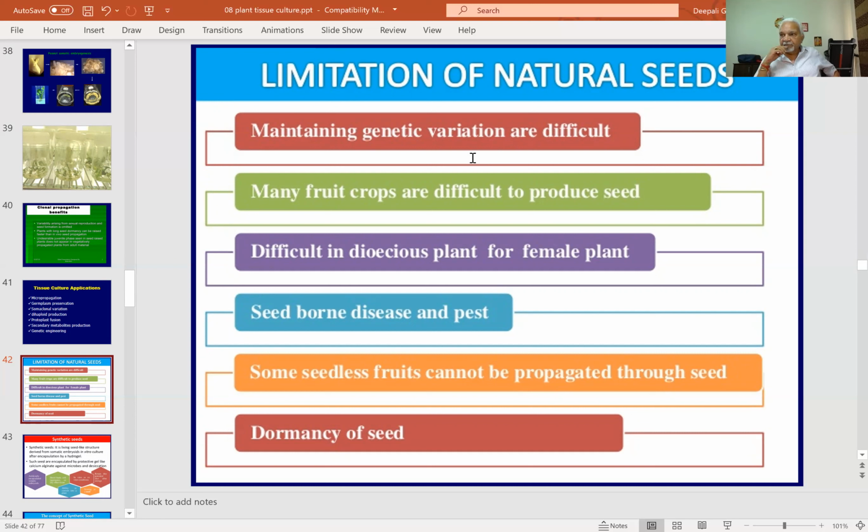So if you are preserving a seed which is carrying disease material with it, then it is not going to be helpful. And then the dormancy factor is there, that seeds have normal dormancies before they again undergo germination and make a plant.